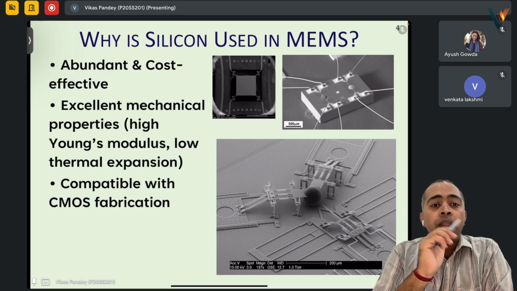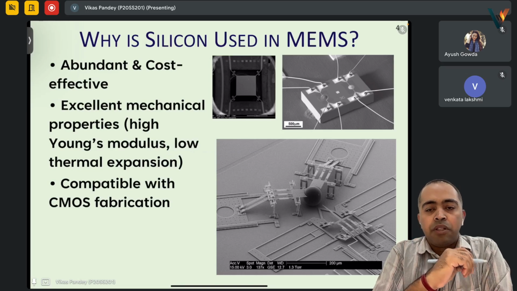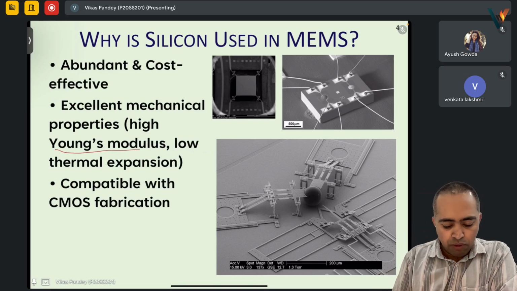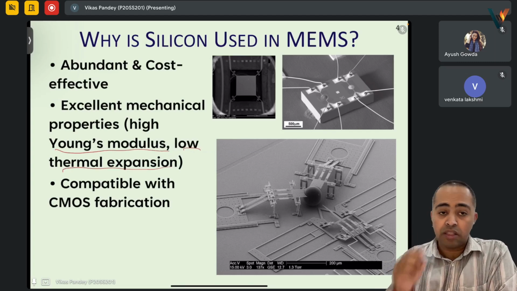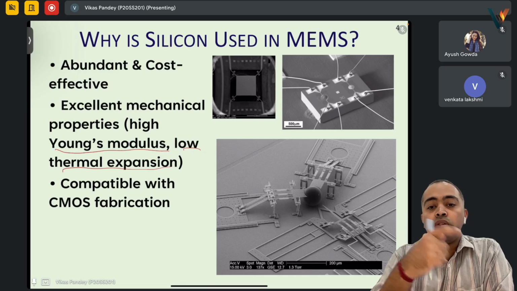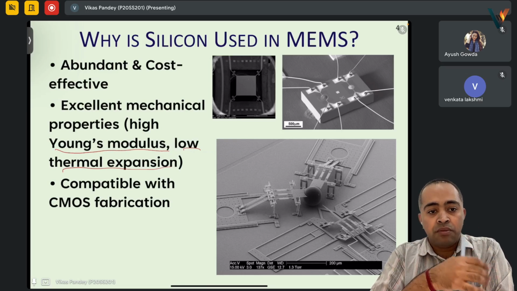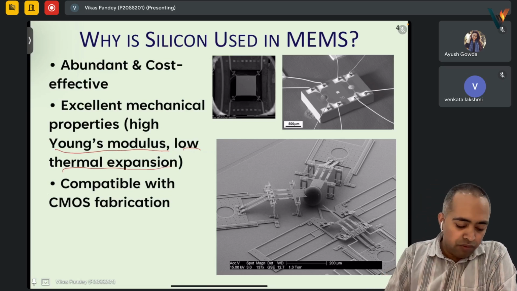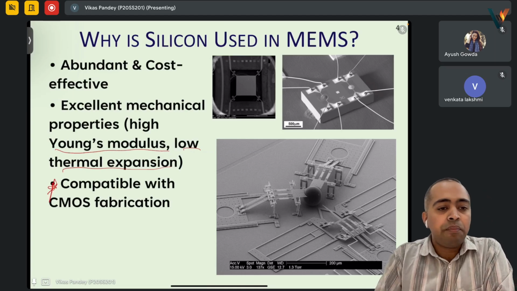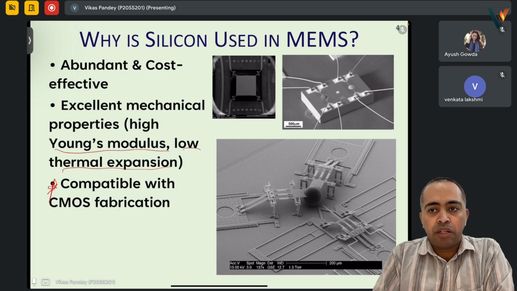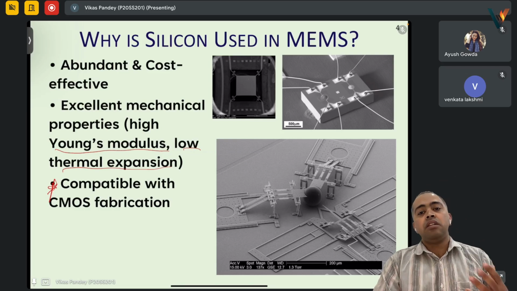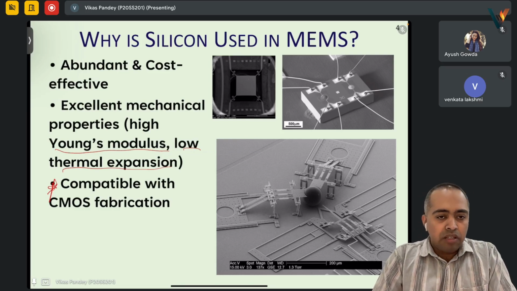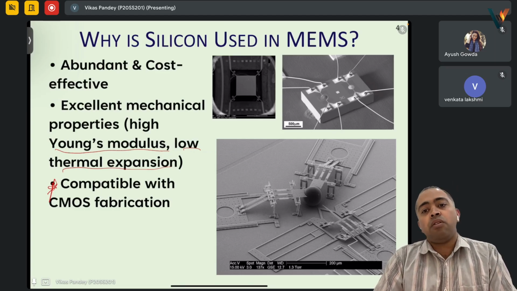It has very good mechanical properties like high Young's modulus and low thermal expansion that makes it well suited for making physical structures. As well, one very important thing is it is compatible with existing CMOS fabrication. That means the existing chip manufacturing, the semiconductor fabrication. In that we are already using silicon.